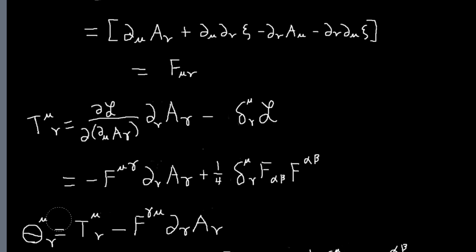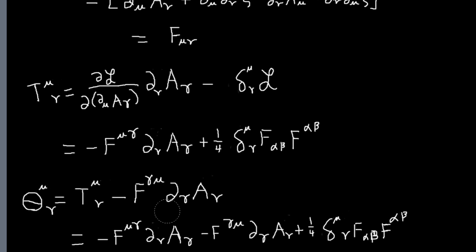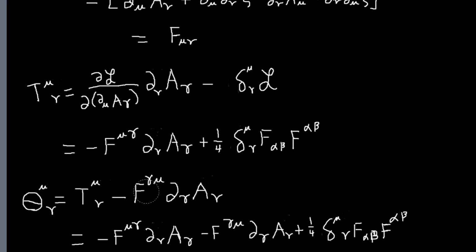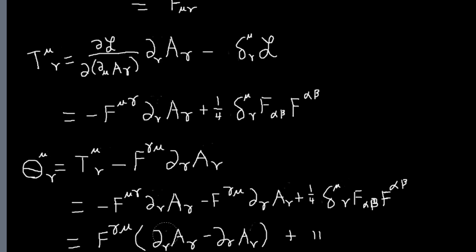So now we can define a new energy momentum tensor like this. And so writing it out, we get this, and the term that we've added is similar to our original term here. So we have them both, and I can play around a little bit.